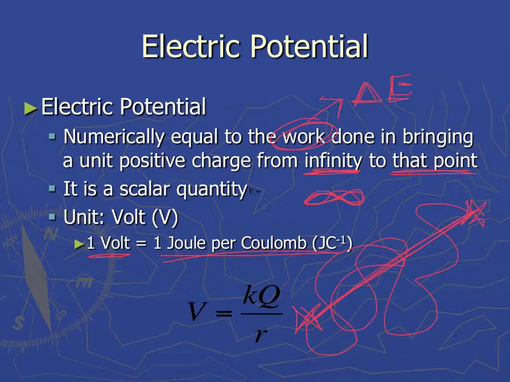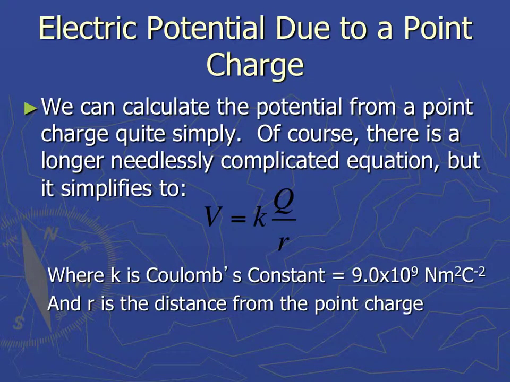The equation for calculating the electrical potential for a point charge is long and needlessly complex. We don't need to know it. All you need to know is that the equation for the electric potential is kq over r.